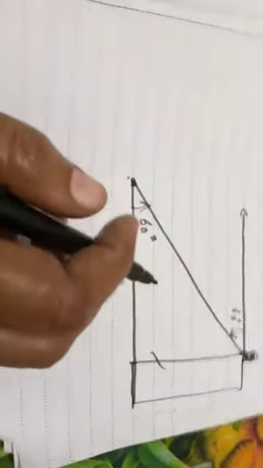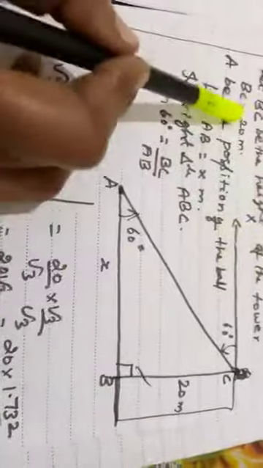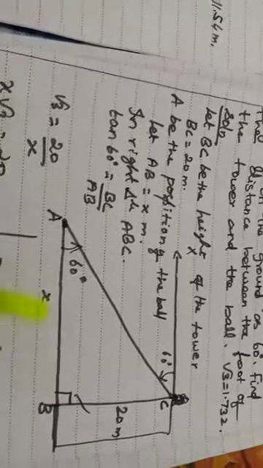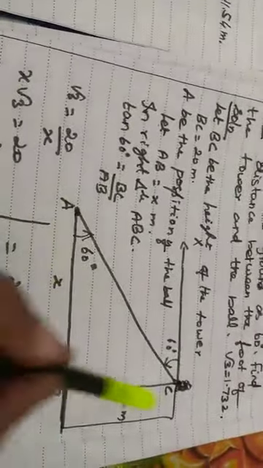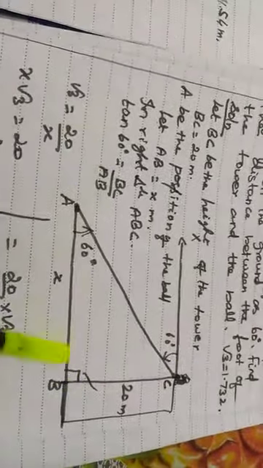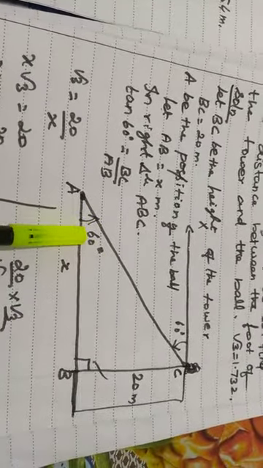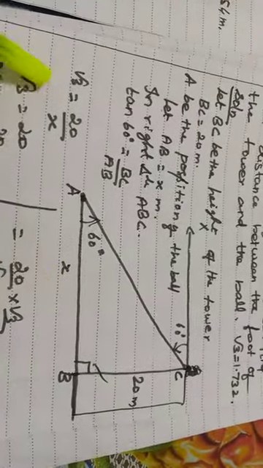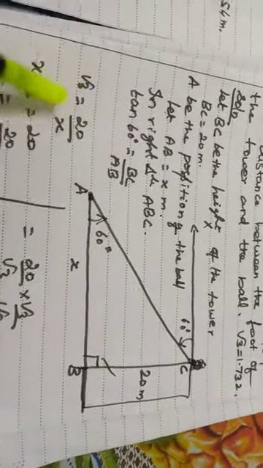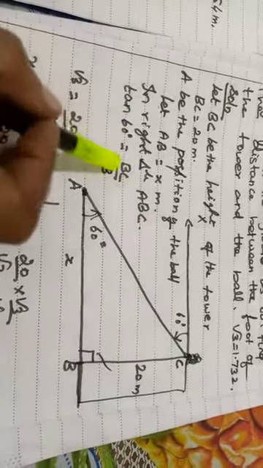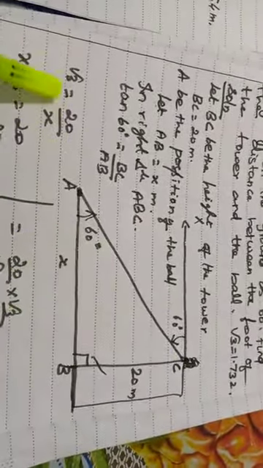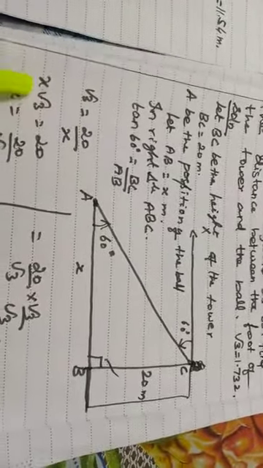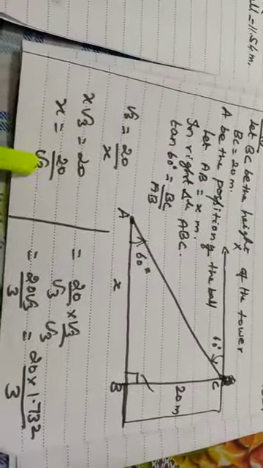Let BC be the height of the tower, given as 20 meters. Let A be the position of the ball, and let AB be X. In right triangle ABC, we can use the tan ratio, since the opposite is known and the adjacent we have to find. tan 60 equals BC by AB, opposite by adjacent. So BC is 20, and AB we have taken as X. Cross multiply: X root 3 equals 20. X equals 20 by root 3.